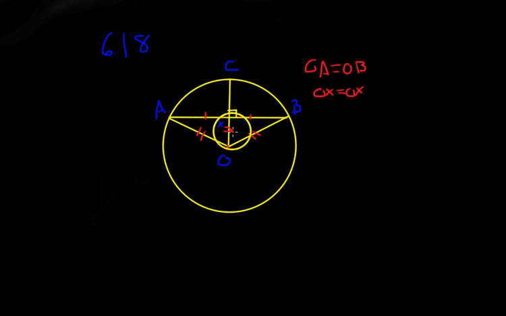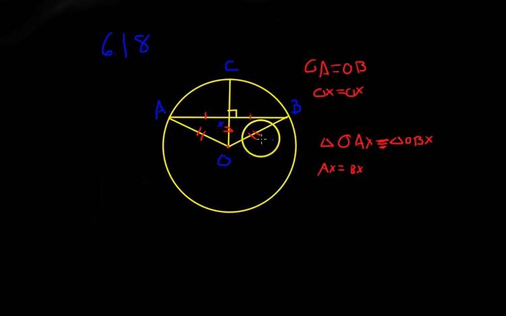Since the leg and hypotenuse of this triangle are equal to the leg and hypotenuse of this triangle, you can say that triangle OAX is congruent to triangle OBX. Since they are congruent, AX is equal to BX.